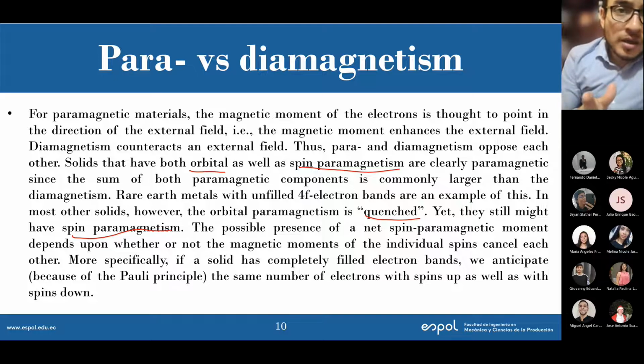Now, if I have a net spin paramagnetic moment, that will depend on whether or not the magnetic moments of the individual spins cancel each other. If they cancel each other, then obviously I will not have a net spin paramagnetic moment.